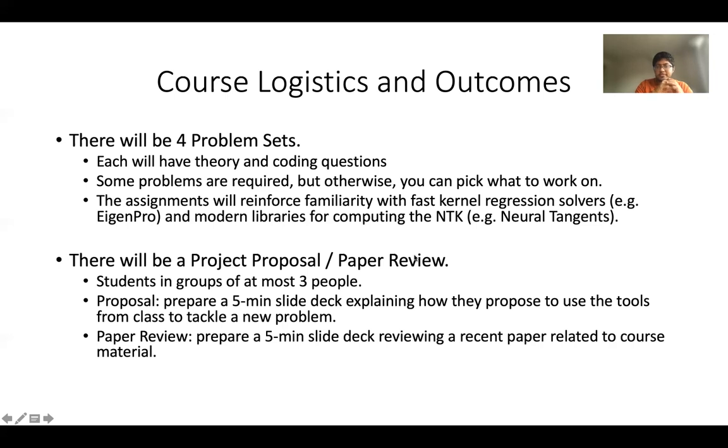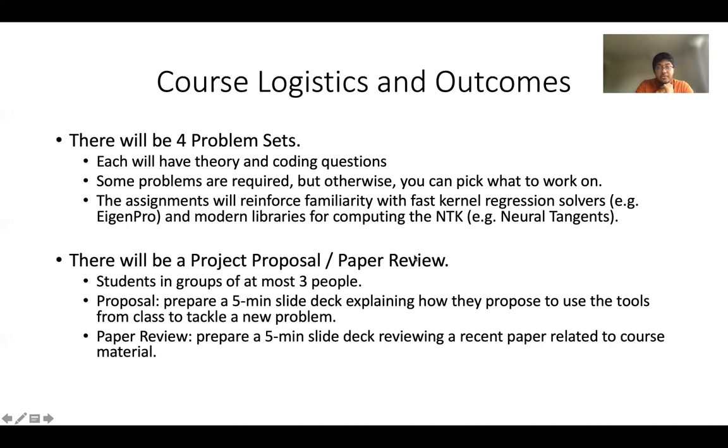And for the proposal, what I would want students to do is, if they have a research problem of interest that they feel the NTK could help solve, or if they have some new theoretical findings they want to follow up on related to the material from the course, they would prepare a 5-minute slide deck, highlighting the problem, highlighting recent work related to the problem, and then what they propose as a solution, what would be interesting to them.